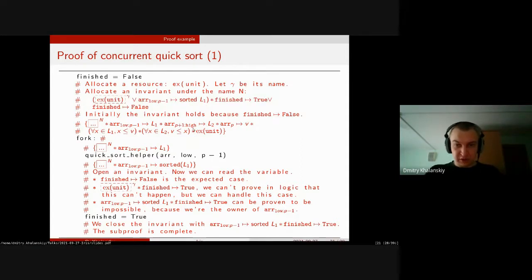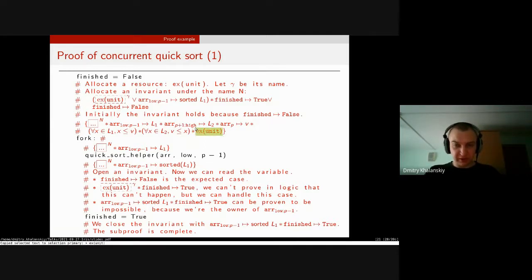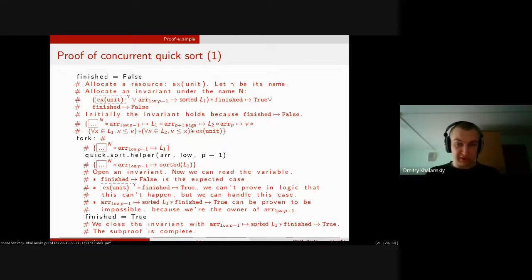So initially, I don't put the resource that I allocated into an invariant. I will just hold it for now, and in fact, it will be owned by the main thread. I'm about to give a general outline of the proof.